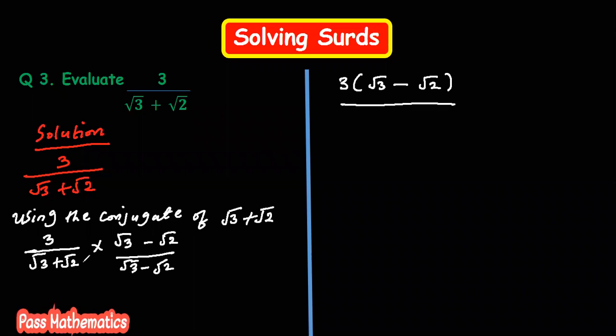So let's multiply this, guys. So this is going to be root 3 plus root 2. We multiply, okay, another bracket is needed here, root 3 minus root 2. So we close. So here we are having 3 brackets root 3 minus root 2.